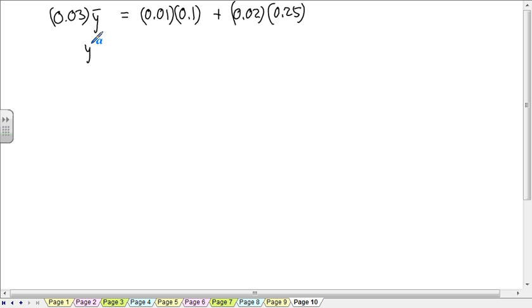And so the y centroid is 0.2. And so the centroid is 0.2, and this is meters. Any questions about that?